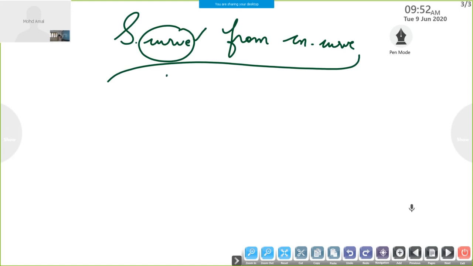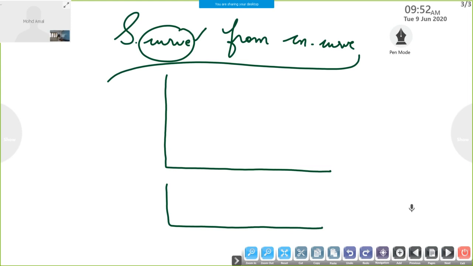So for this, two panels I am taking, one for consumption, one for saving. First one I am taking consumption, because we have to derive saving curve from consumption curve.